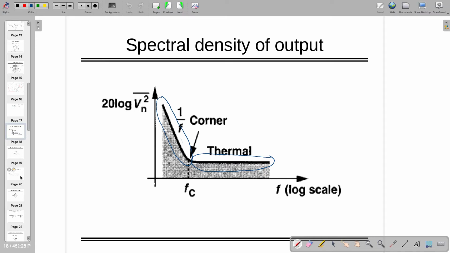So that is what you are going to see. It's on log scale, so do not get confused, this is not linearly decreasing, but exponentially decreasing, by the way, right? And when you are connecting both of them, you are going to see something called FC. We are going to call this one flicker corner.